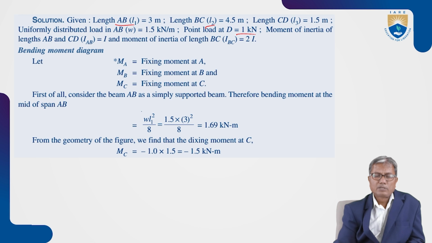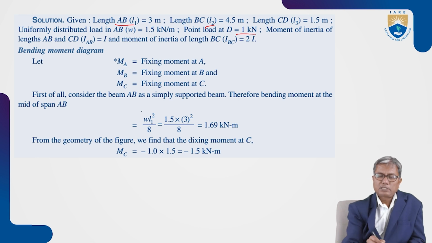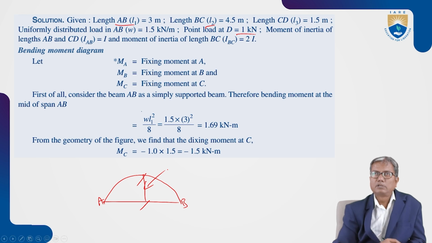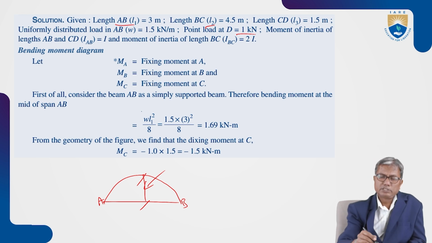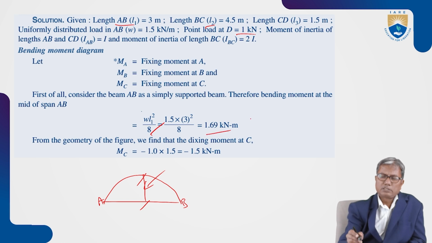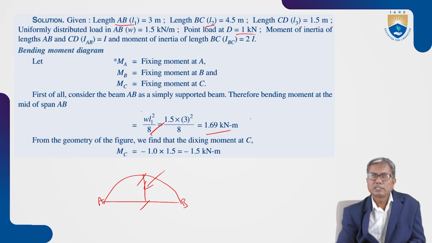Okay. Now the bending moment in portion AB due to applied load will be a parabola with maximum ordinate at midpoint, which is WL1 square by 8. That comes out to be 1.69 kilonewton meter.